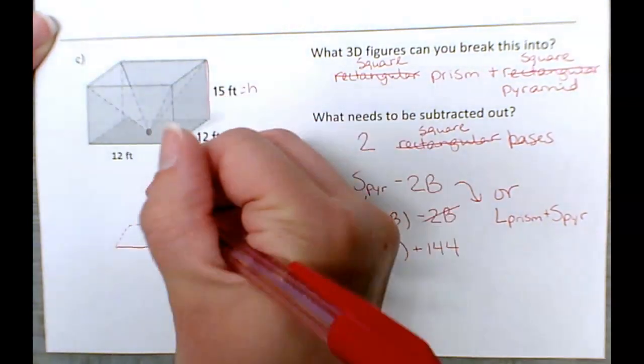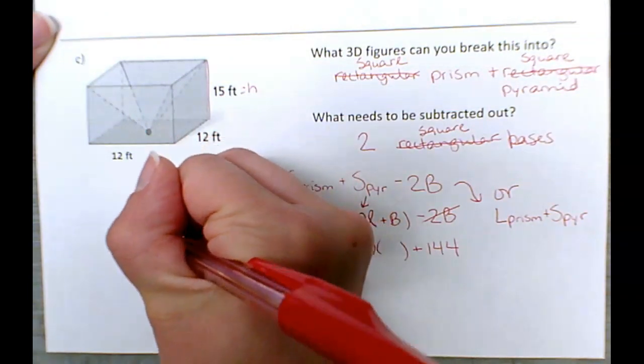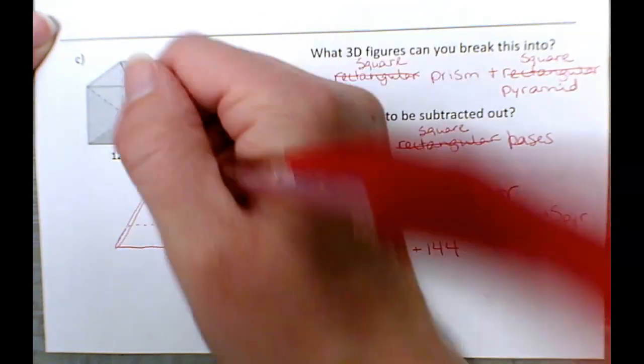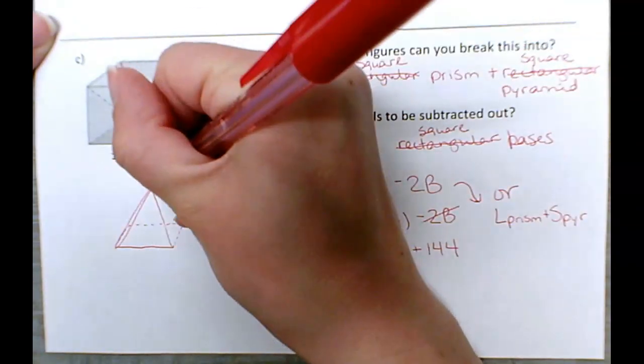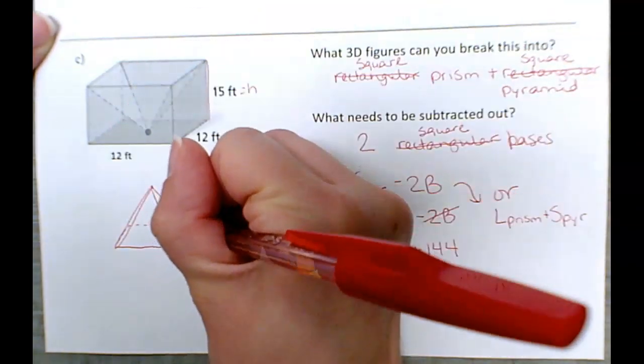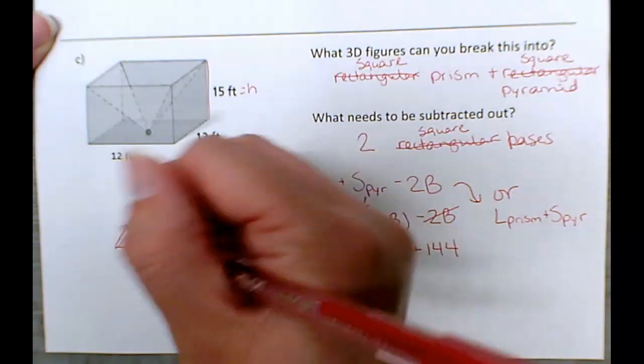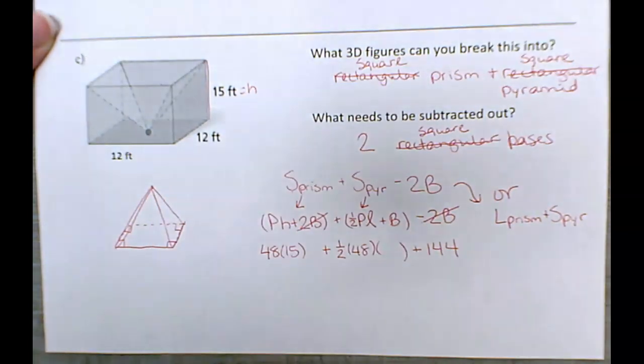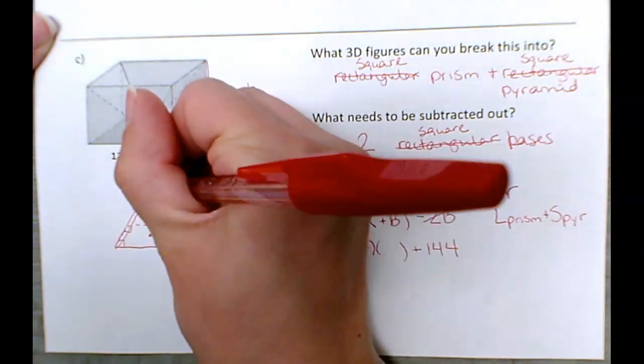I've got this pyramid here. Looks good. And then I know that these are right angles. Here's the center of the square.